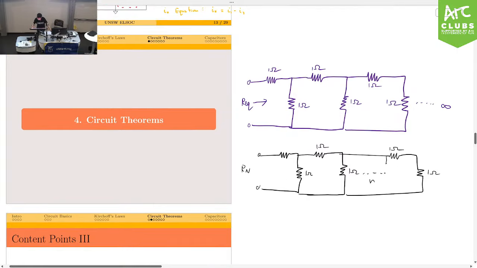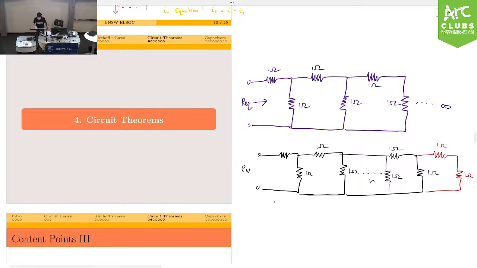Basically, there are N of those vertical resistors. That's Rn. For Rn plus 1, we just add another branch here. That's 1 ohm, 1 ohm.